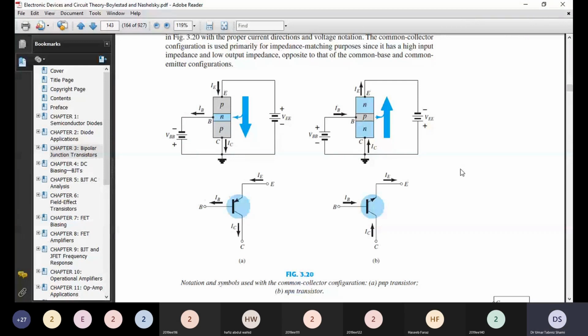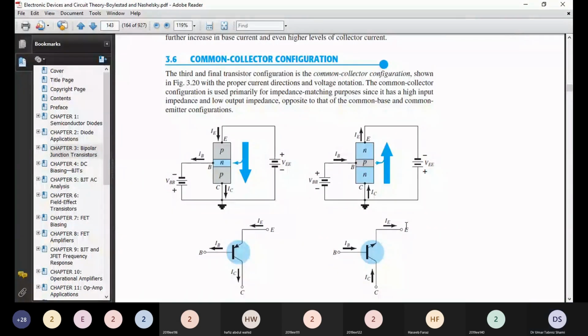The symbolic representation for common collector configuration for the BJT is also shown. However, this is a very rarely used configuration, and it is mostly used for impedance matching since it has a high input impedance and low output impedance.